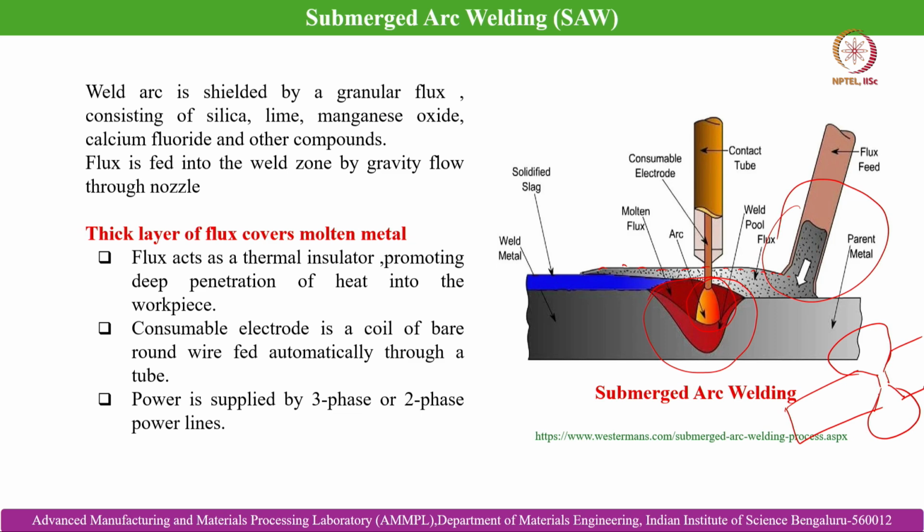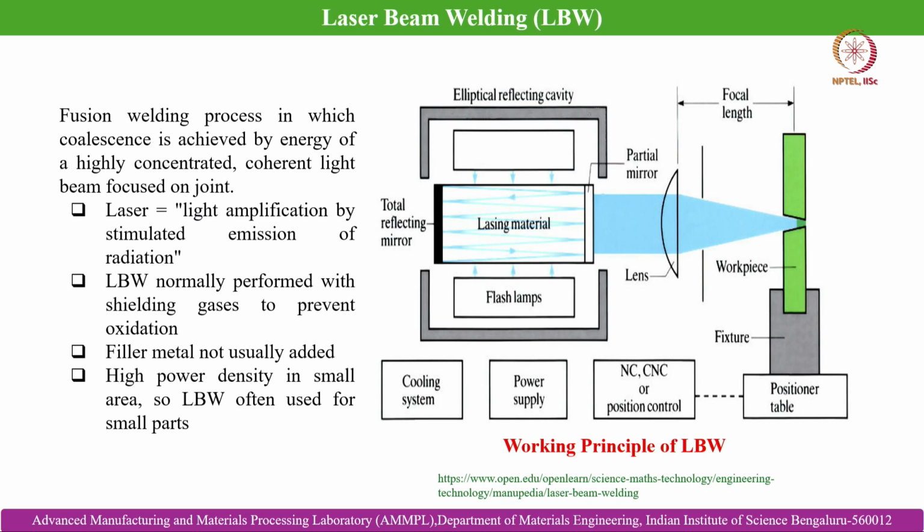That problem is nullified by using a wire type electrode, which is also a consumable electrode, the source of the filler metal deposited in the joint. Power is supplied by 3-phase or 2-phase power lines in submerged arc welding. This is the brief of submerged arc welding.